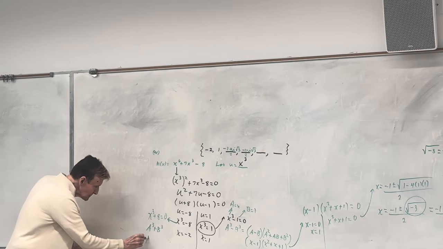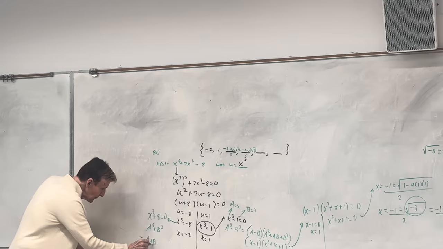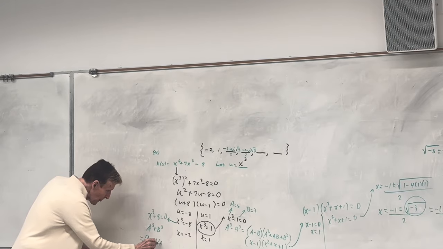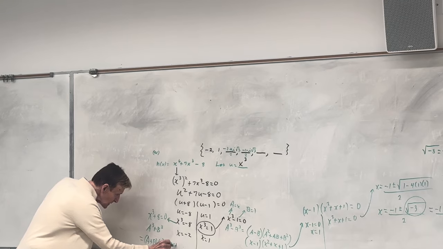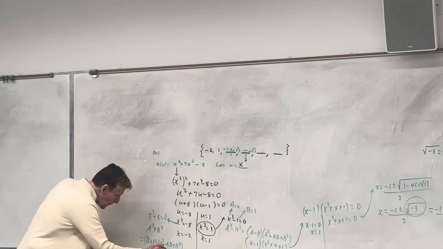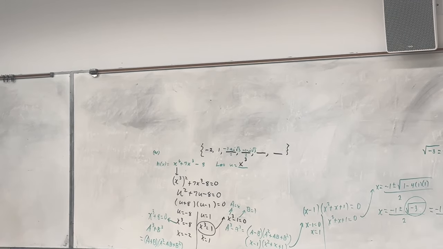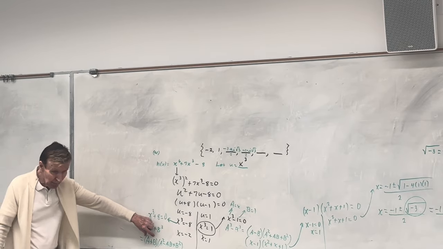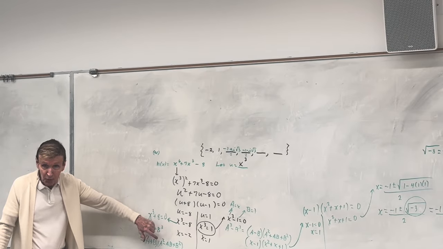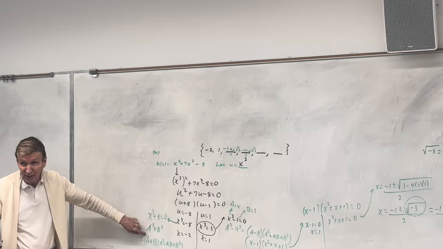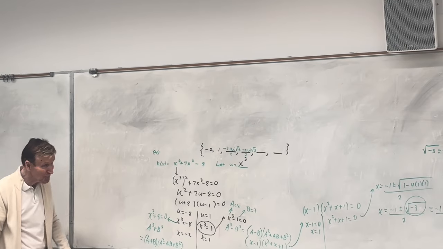A plus B, A squared minus AB plus B squared. You gotta know your formulas for the sum of 2 cubes and the difference between 2 cubes. Now, you guys, I'm not gonna multiply this out, but if you should multiply this out for a check, it should take you right back into A cubed plus B cubed.